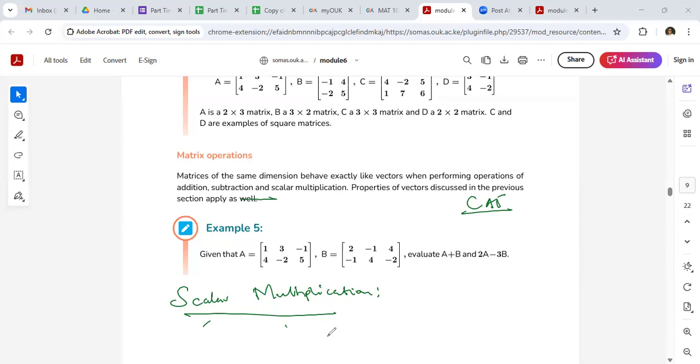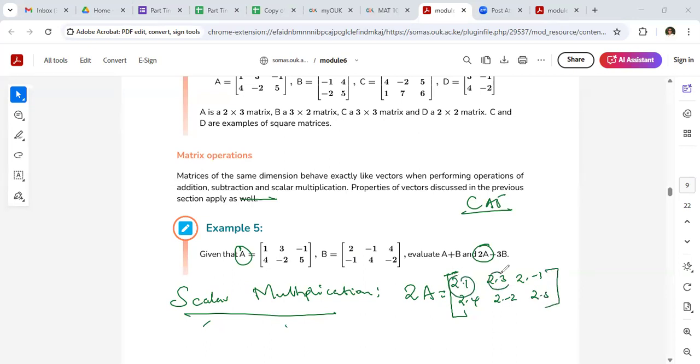So for scalar multiplication, say you have a matrix A here and you want to find 2A. Just like in the case of real vectors, you multiply every component in the matrix by the scalar. So you have 2 multiplied by 1, 2 multiplied by 3, 2 multiplied by -1, 2 multiplied by 4, 2 multiplied by -2, 2 multiplied by 5.